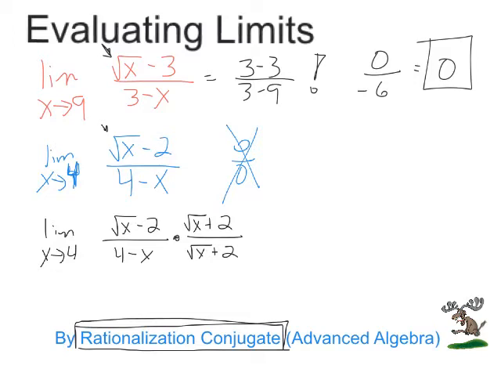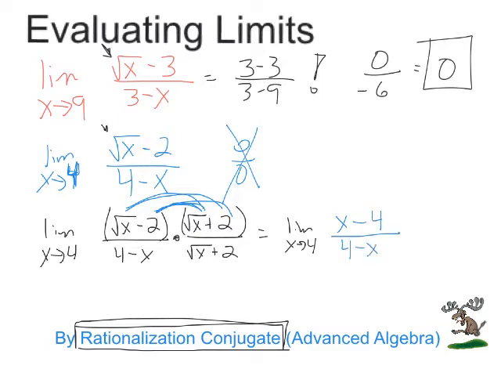And when we distribute in the numerator, what we get is, limit as x goes to 4, the root x times root x is x, and then we have plus 2 root x minus 2 root x minus 4. We have x minus 4 over 4 minus x.